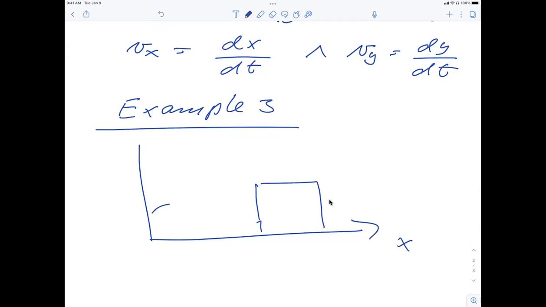And this block is fastened with a spring. What we know then is that there is a force which acts on this block from the spring and vice versa. And if we don't have friction, this force is equal to a constant, which we normally call the spring constant, multiplied with the displacement. So this is an experimental observation.